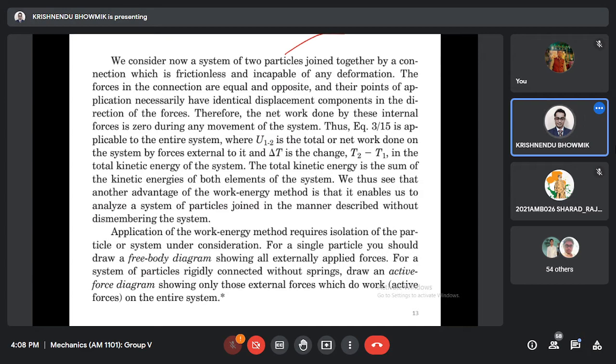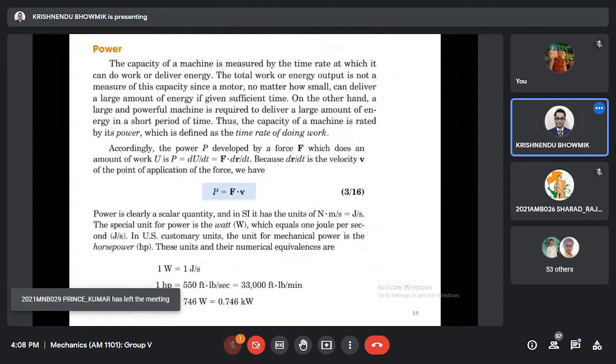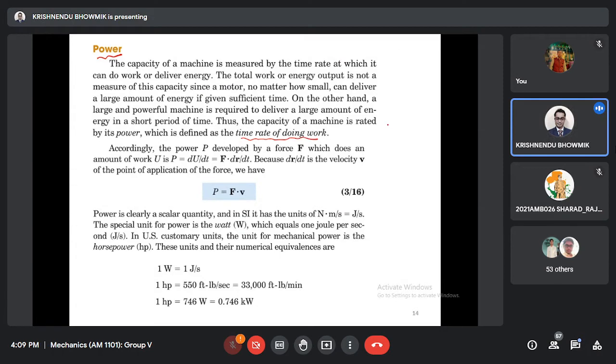Now, when we are talking about power, it is the time rate of doing work. So P equals dU/dt, and it is a scalar quantity. Work done itself is a scalar quantity.